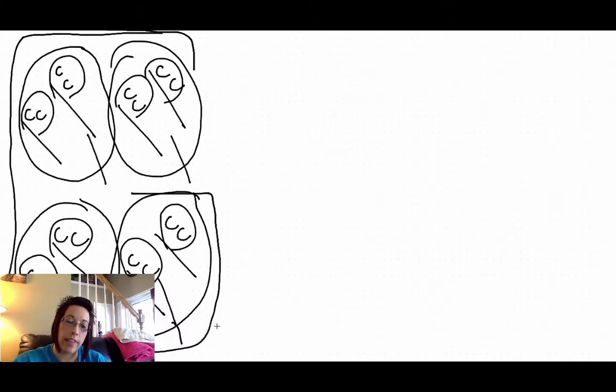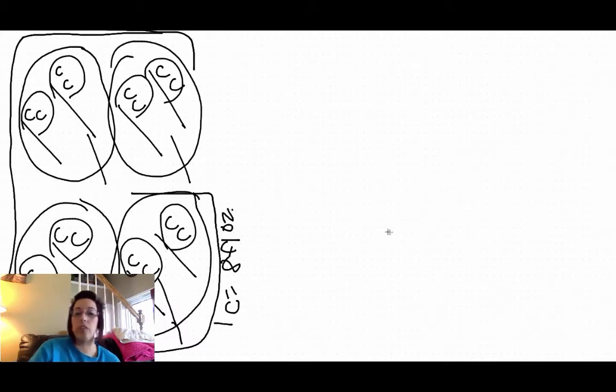And then along the side someplace I write 1 cup equals 8 fluid ounces. That's important to remember just in case you're asked how many ounces are in a cup.